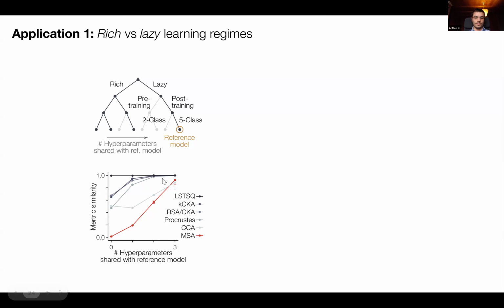For example, CKA and kernel CKA don't seem to capture a difference between these two networks: lazy networks trained on a 5-class classification task or rich networks trained on the 5-class task. And some measures don't really make sense. They say that this one, which has fewer hyperparameters shared, is more similar to the reference model than this one. So really understanding the intrinsic geometry of these representations is more insightful.